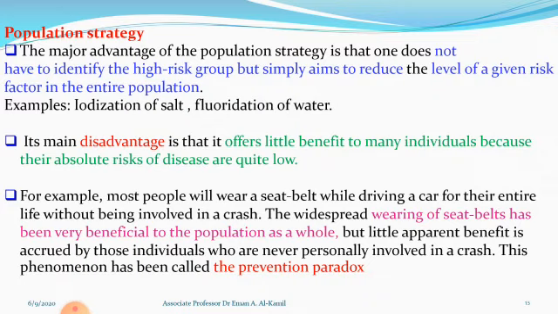For example, we always advise people to wear seat belts to decrease the risk of trauma if they are exposed to a crash or car accident. But some people never have an accident, so the benefit from this procedure is very low, while people who have frequent accidents will benefit from this policy. This phenomenon has been called the prevention paradox.